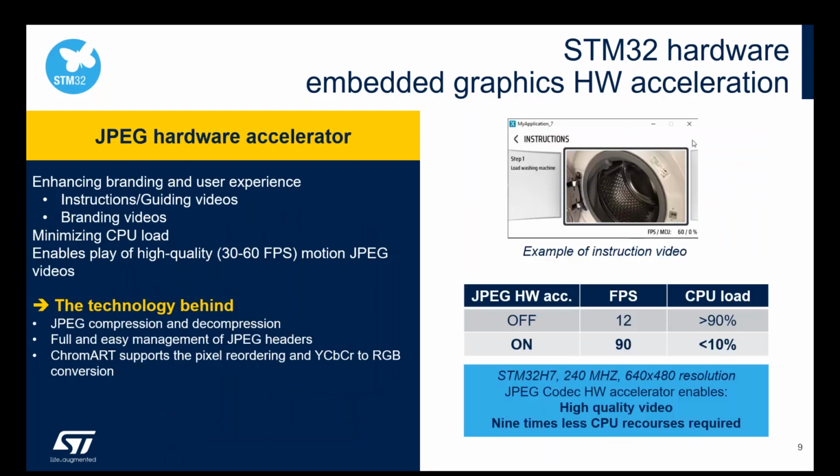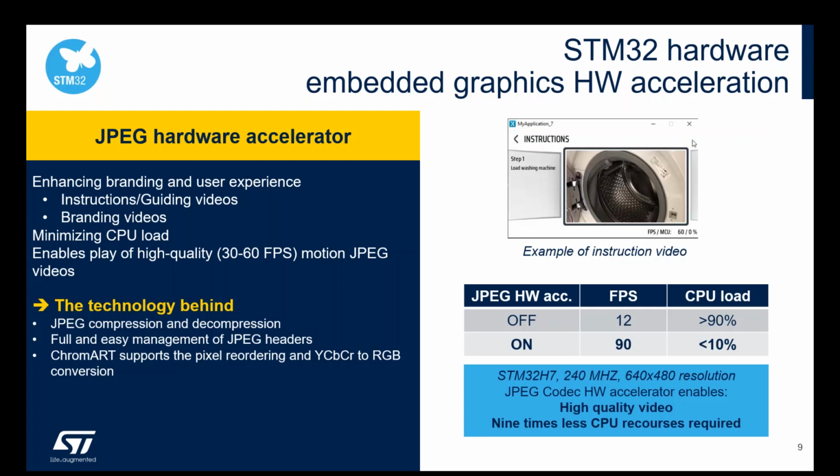The last IP I would like to point your attention to is the JPEG codec. Many applications require the ability to run a small video. It can be an instruction video or something else. It could be a few seconds of a splash screen or something like that. Many of our STM32s have the capability of hardware accelerating a motion JPEG, so that you do not require any CPU cycles to perform such an operation.